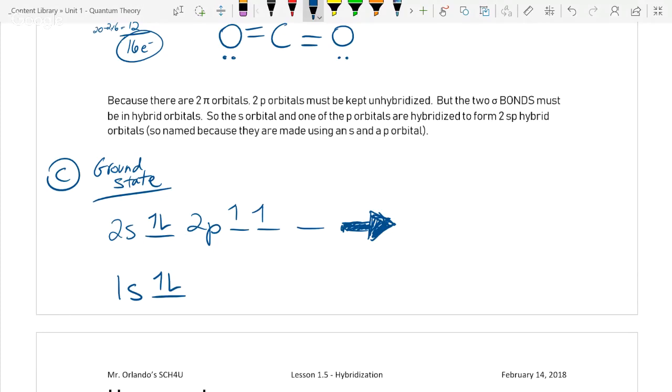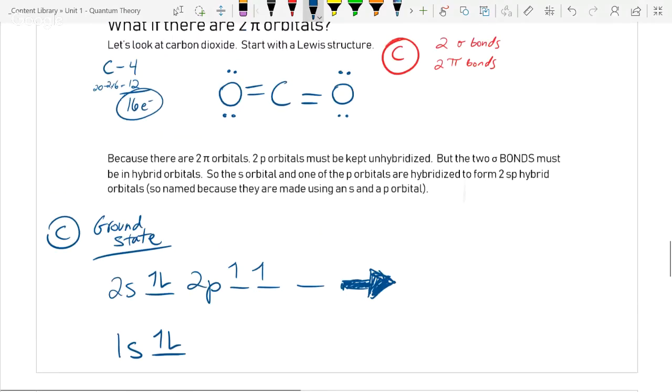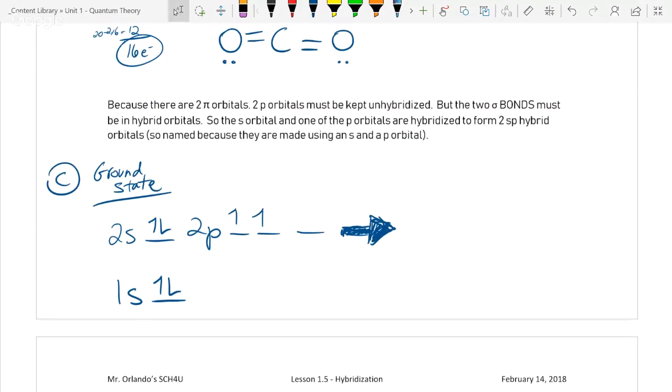I'm thinking both of them, and then leaving this last guy out. I don't know. Well, how many pi bonds do we have to make? So how many p orbitals do we need to keep? Two. Do we have a couple p orbitals that are ready and waiting for an electron? Yeah. So let's keep those. But we have a third p orbital. What are we going to do with that?